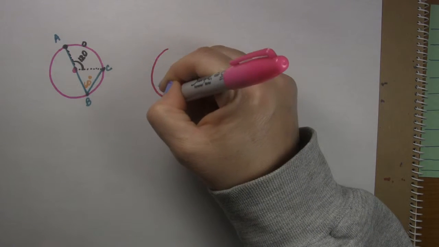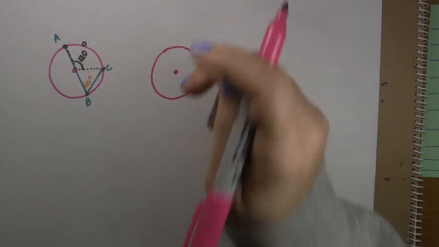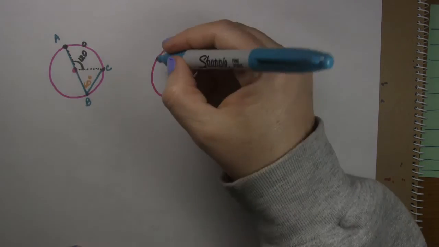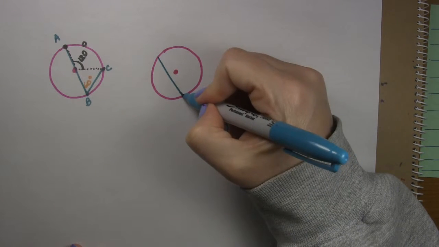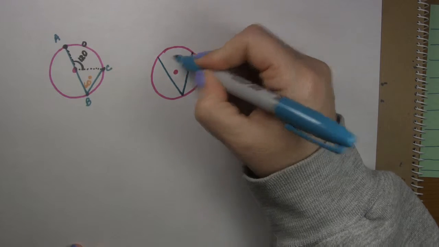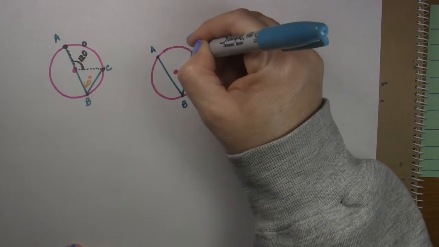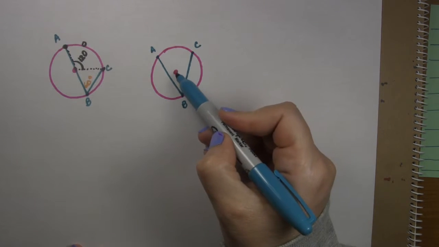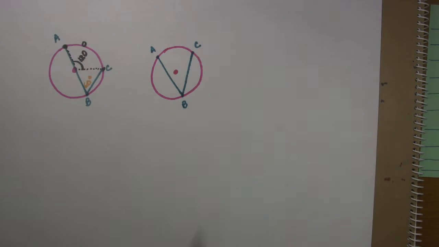All right, let's draw another circle. So in this circle, we have our center point, and this time our angle does not touch the center. So we have A, B, and C, and the center is kind of like in the middle of our angle, so to speak.